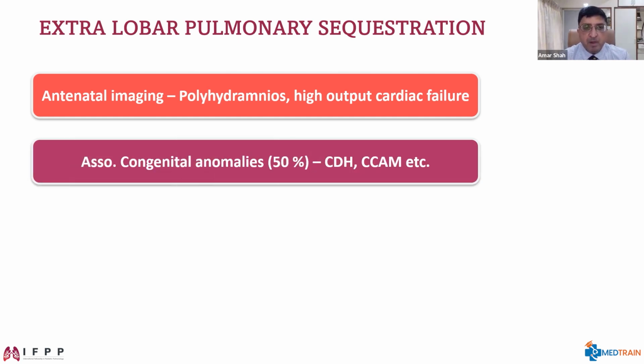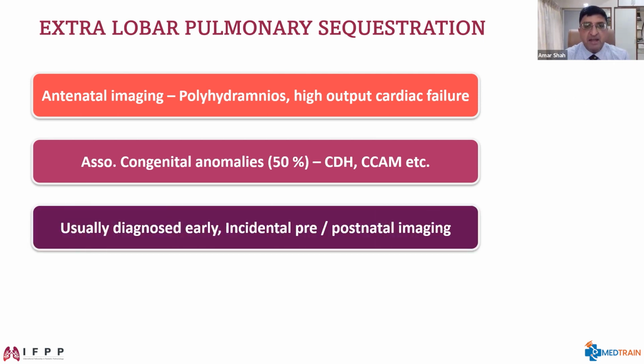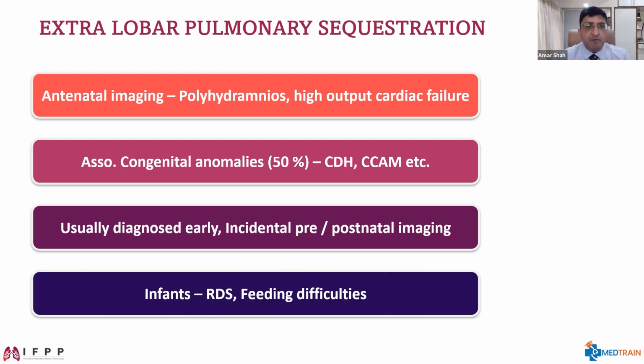Associated congenital anomalies may be seen in almost 50% of cases, which may include a congenital diaphragmatic hernia, CCAMs, etc. It is usually diagnosed early and it may be either an incidental finding or it may be in the pre or postnatal imaging.